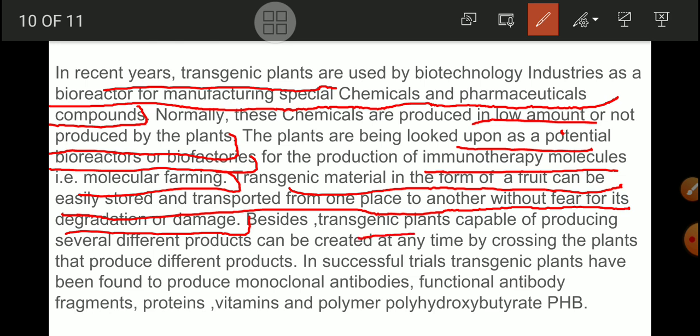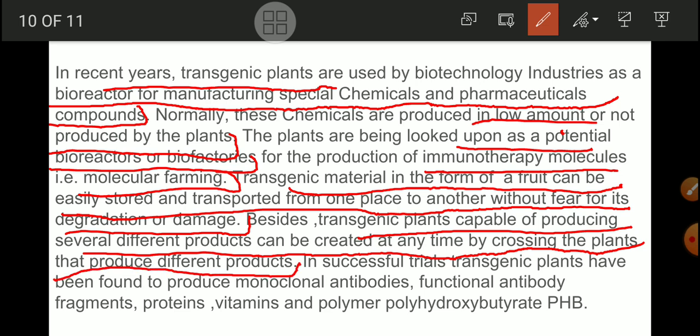Besides, a transgenic plant capable of producing several different products can be created at any time by crossing plants that produce different products. Once we have one transgenic plant producing vaccine, we can cross it with other plants so that the plant can again develop the vaccine. That is also possible.